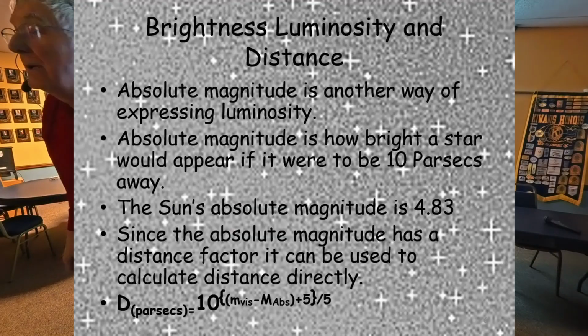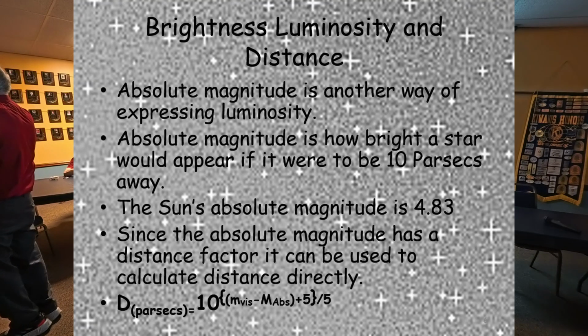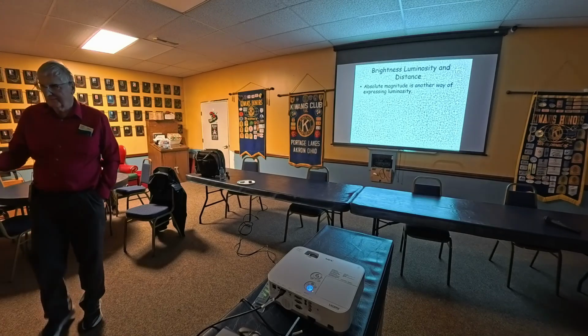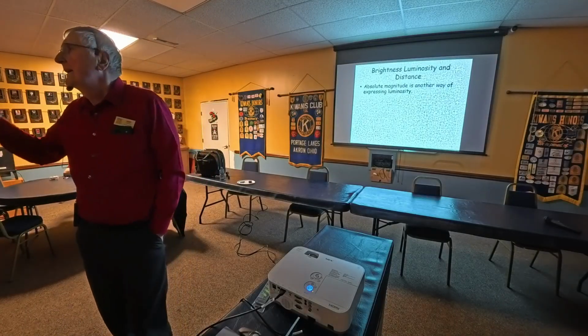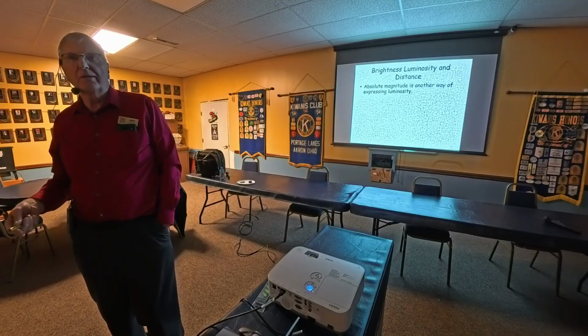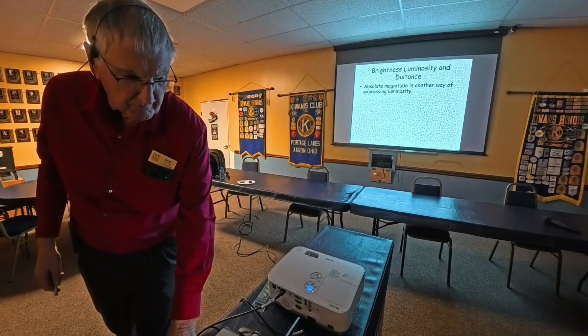Absolute magnitude is another way to talk about brightness. Luminosity is usually given in solar luminosities or total wattage, but absolute magnitude is another way, and if you use that, you can figure out its distance a lot easier.